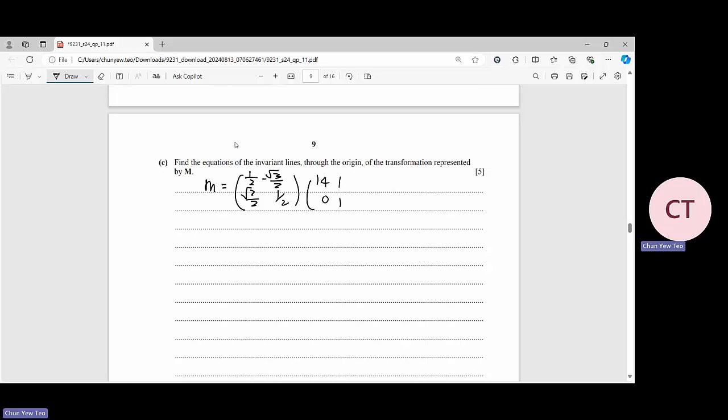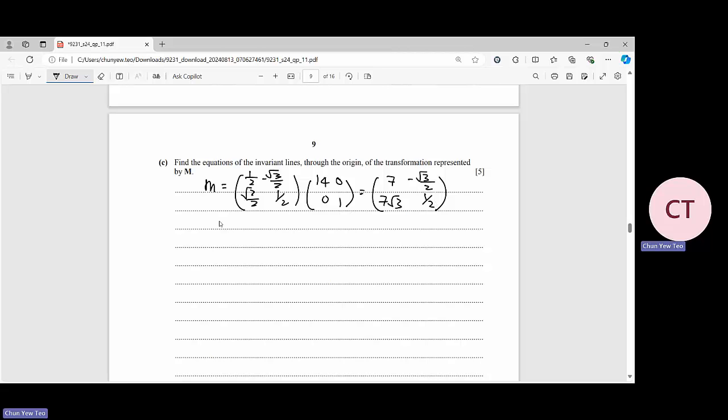We need to combine them together as one matrix. If you multiply them, you will get this as 7, this is a negative 7 root 3 over 2, this is a 7 root 3, and this is half.